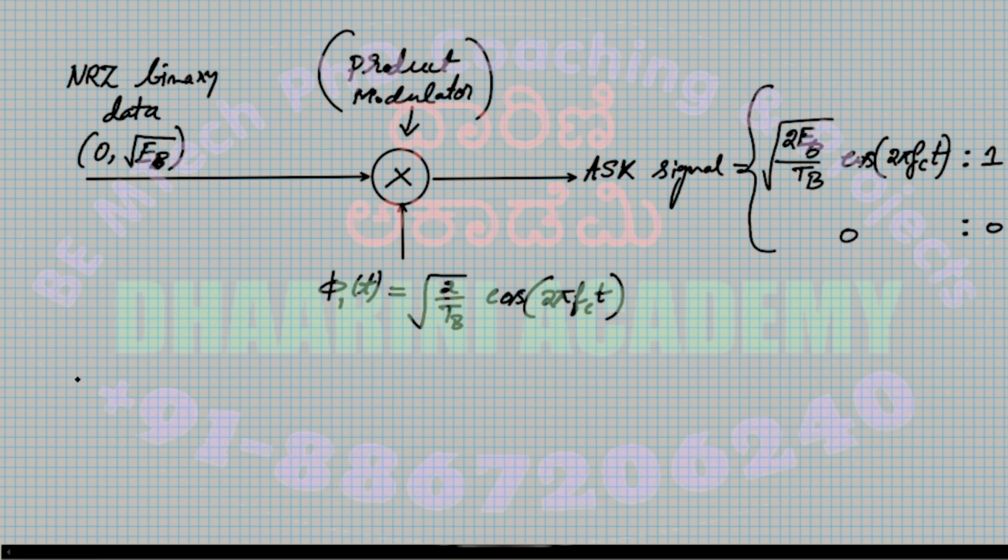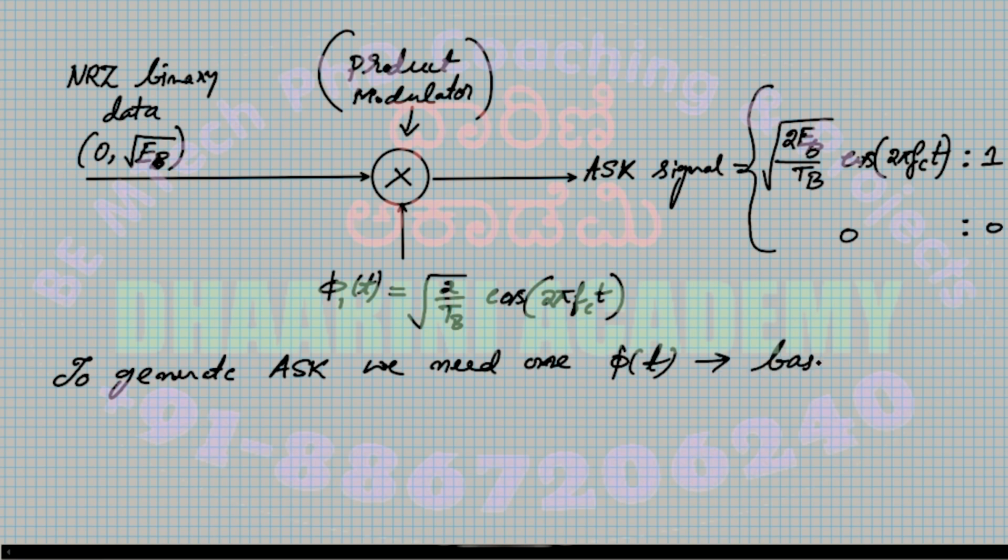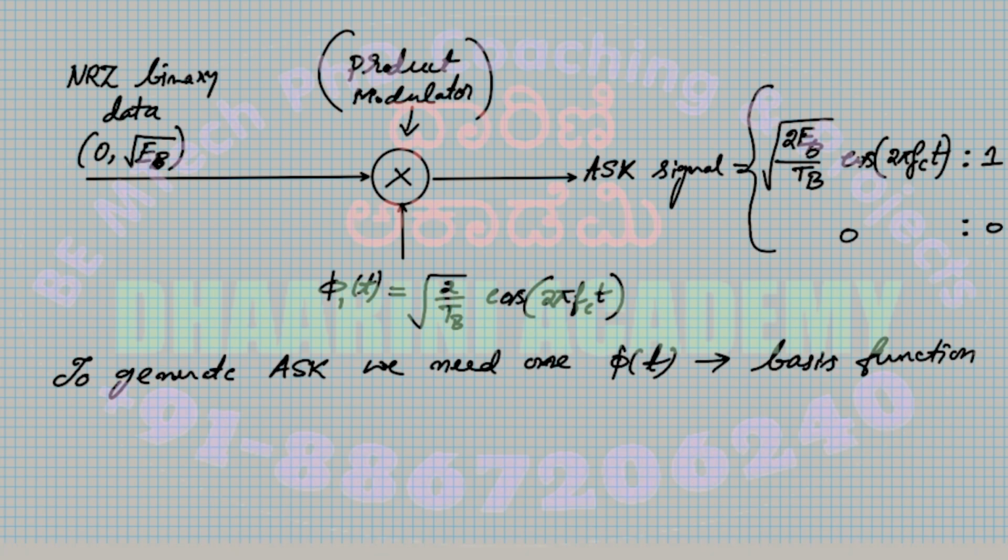So to generate ASK, we need one phi of t, called the basis function. Basis functions are the terms used for carriers in digital modulation techniques.